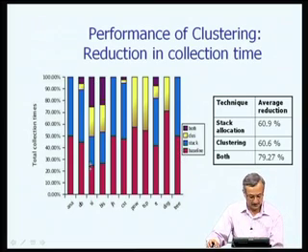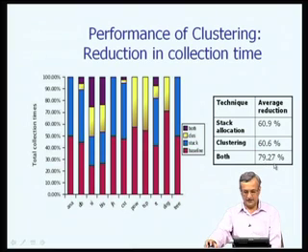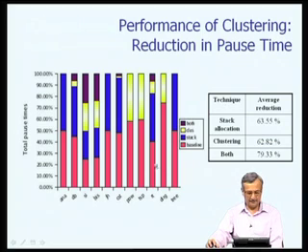The baseline had so much, and then the stack contributes so much collection time, and the cluster contributes so much, and if you have everything, then it becomes 100%. So, it is best if we use both techniques of stack allocation and clustering in order to reduce the collection time. Pause time again reduces considerably.